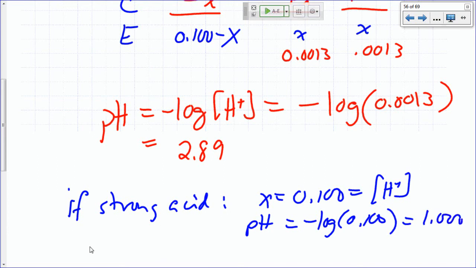So you see, it's not quite as acidic as we would expect a strong acid to be. So if you have to compare two monoprotic acids, one strong, one weak, if they have the same concentration, which one would have a lower pH? The stronger acid would have a lower pH. The strong acid would have a lower pH.